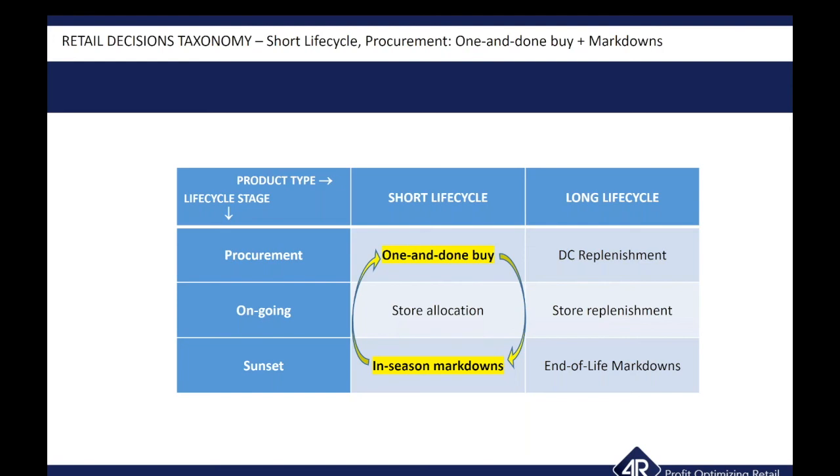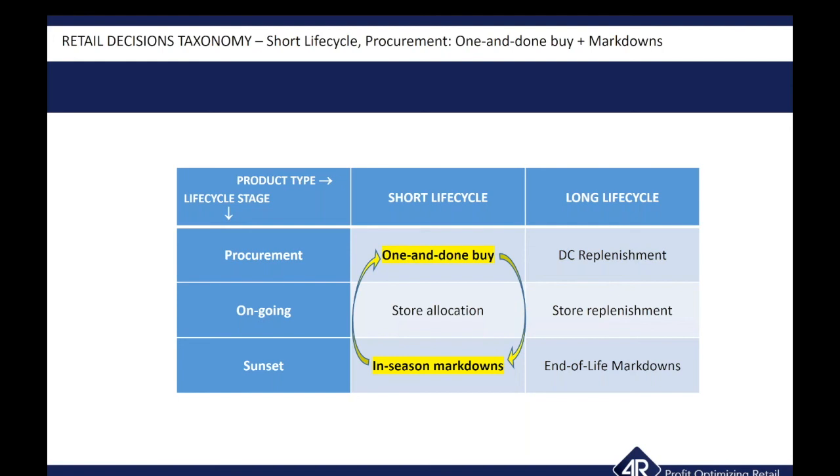That's another good question. Unfortunately, we haven't had time today to look at the second half of this taxonomy, but if we look at the sunset or retirement, in-season markdowns, and end-of-life markdowns, they are deceivingly dissimilar, in the sense that there are more similarities than not.